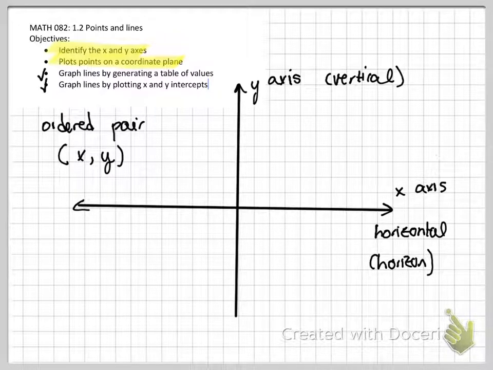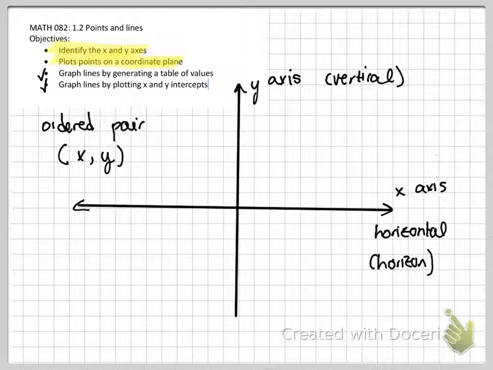So the first number is always the x, and the second number is always the y. Notice that these are separated by this nice little comma here, and then they are also encapsulated in parentheses. Okay, so if you don't have the comma, you don't have an ordered pair. If you don't have parentheses, you don't have an ordered pair. All of those notations are important.